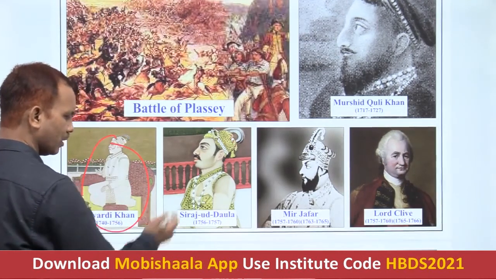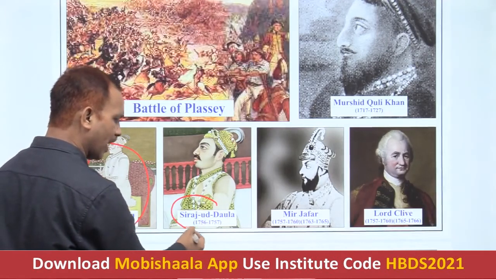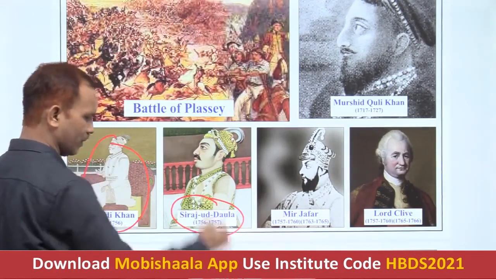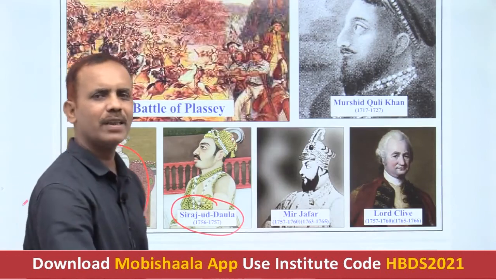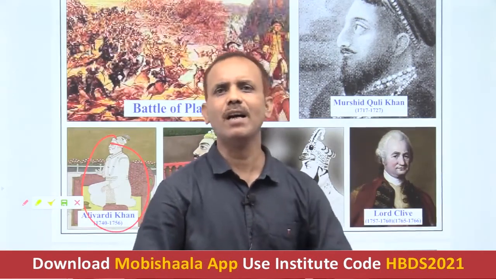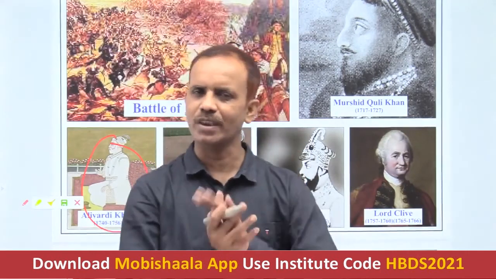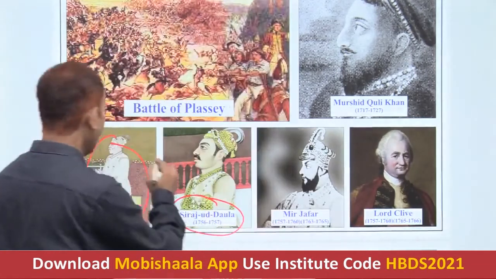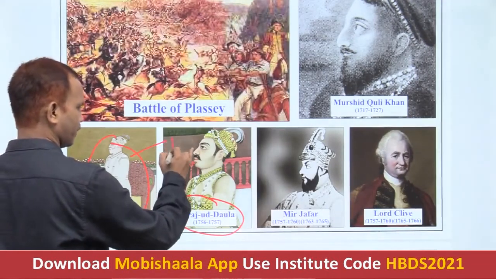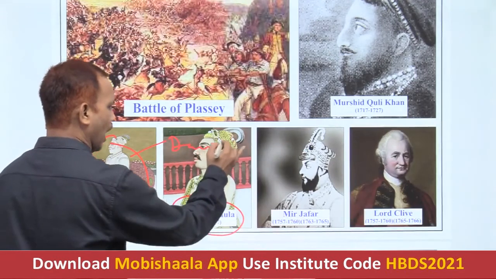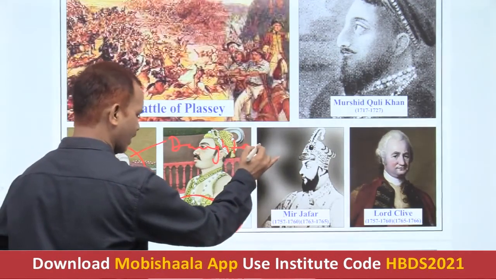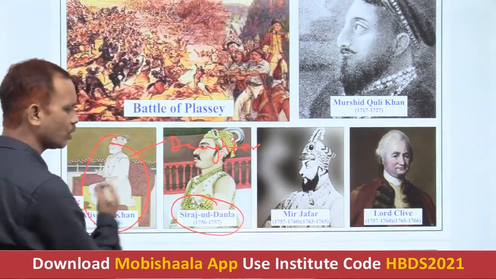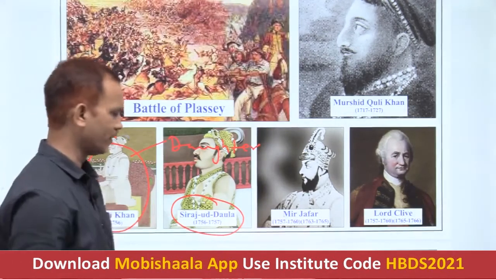After him, Siraj-ud-Dawla became the next Nawab of Bengal, because Aliwardi Khan had no son to succeed him. He had only three daughters, and so he nominated his grandson Siraj-ud-Dawla as his successor.